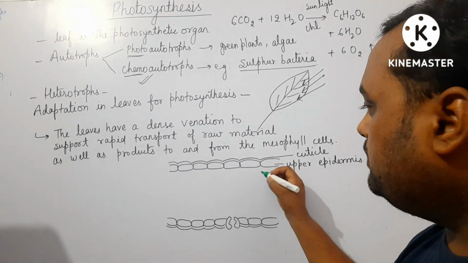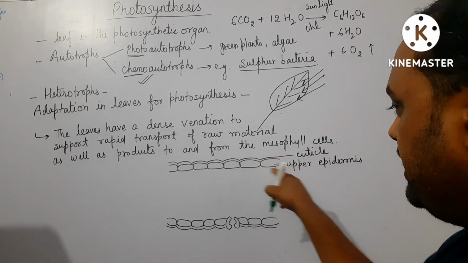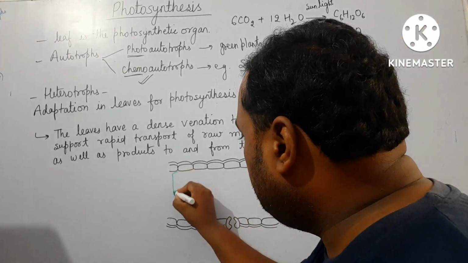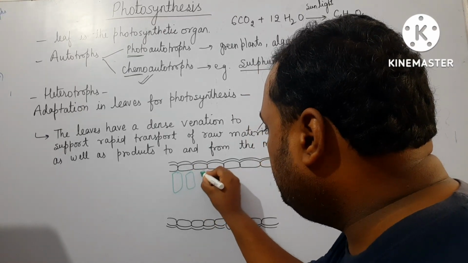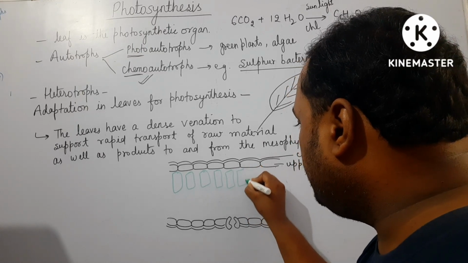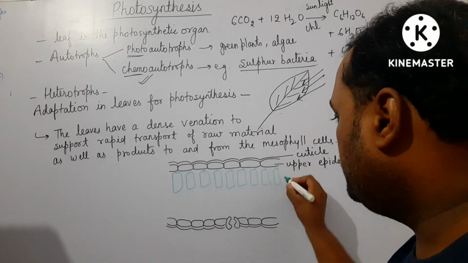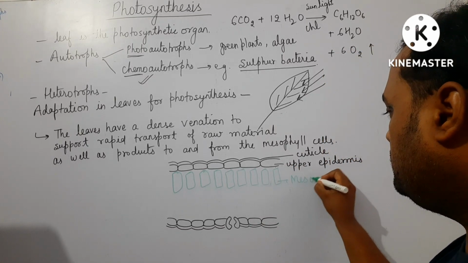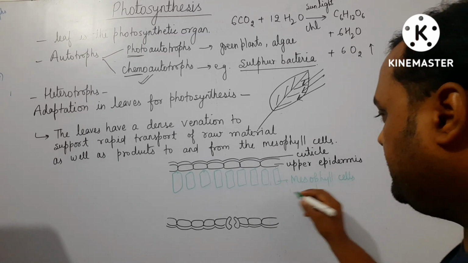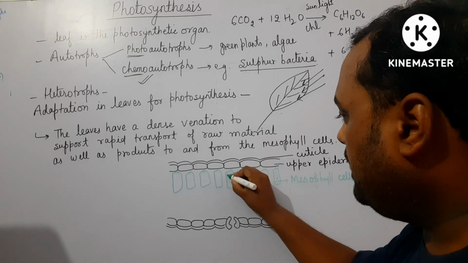You can see here its outer cuticle is present, and after that the upper epidermis is attached. Here, dense green colored lots of cells are present, that is known as mesophyll cells, because in these cells lots of chloroplast are present.